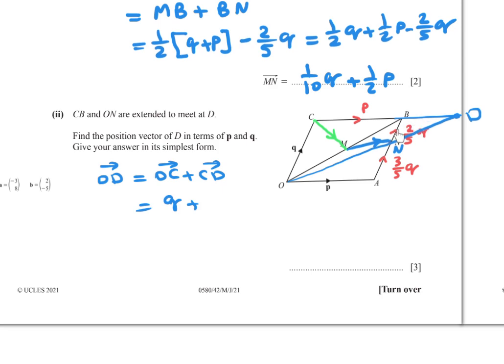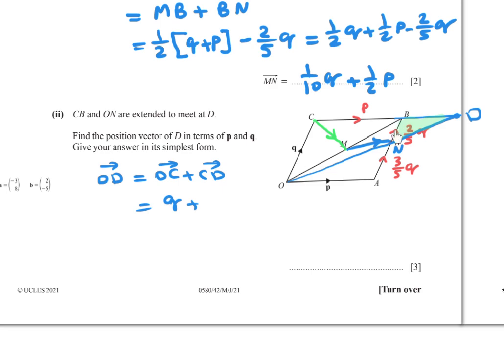This triangle, which is NBD, is similar to triangle OCD. This triangle, the small one, we can shade just to explain. This triangle is similar to the large one, so the sides are proportional.